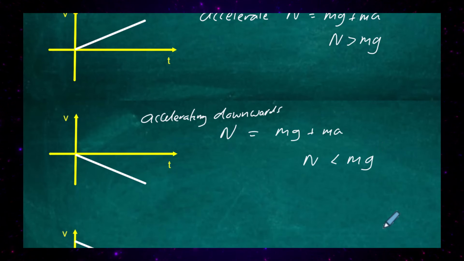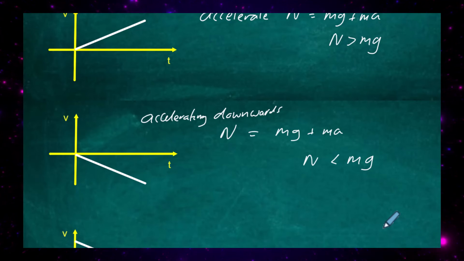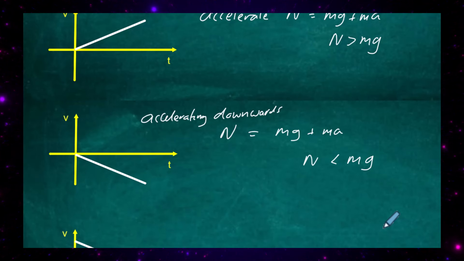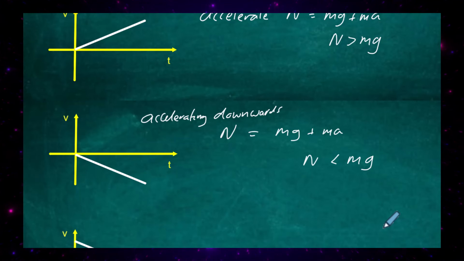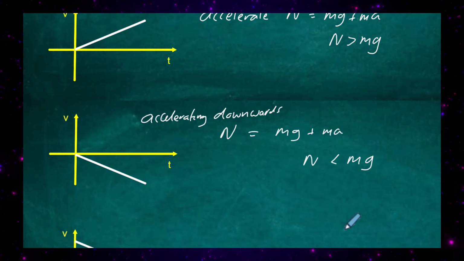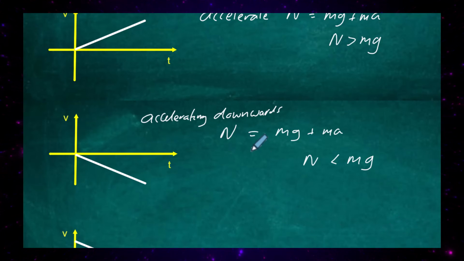So the scales, when you're accelerating downwards, when you're going from the fourth floor to the third floor, momentarily when you're accelerating, your normal force, which will be the reading on the scale, will get less, as we saw in the film. Now come the two complicated ones which we can solve with our velocity time graph.